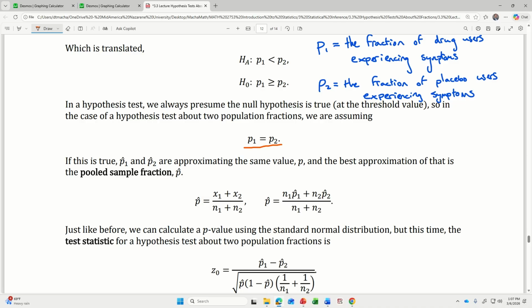If these two population fractions were equal, then the best approximation of that same population fraction is called the pooled sample fraction. You calculate it by adding the number of patients experiencing symptoms from both groups, divided by the total number of participants from both groups. Pool the two groups together. We're going to call that p hat, without a subscript.